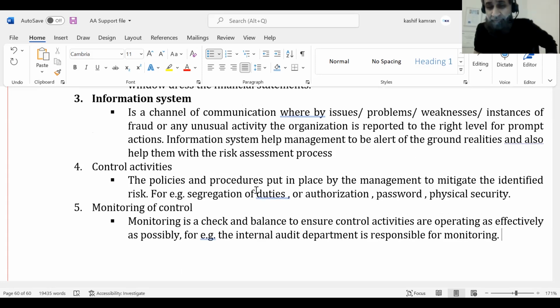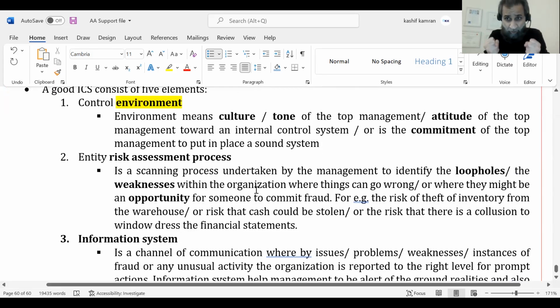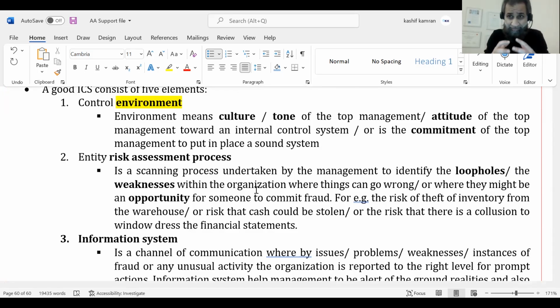So you have 5 elements of a sound system, right? First of all, a sound system should have an environment, the right tone, the right culture, the right commitment for a system to be developed. Then you should have a proper risk assessment process whereby you scan your whole organization for where the potential opportunities to do fraud are, where something can go wrong, where the weaknesses and loopholes are.